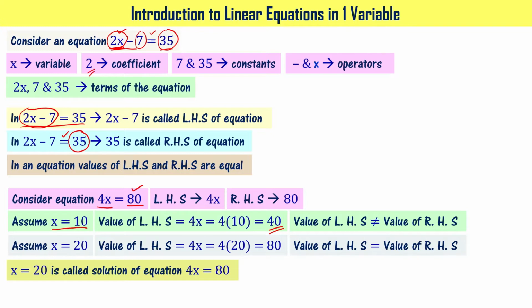When you have substituted x equal to 20, the left hand side of the equation is equal to the right hand side of the equation. That's why x equal to 20 is a solution of equation 4x equal to 80, right?